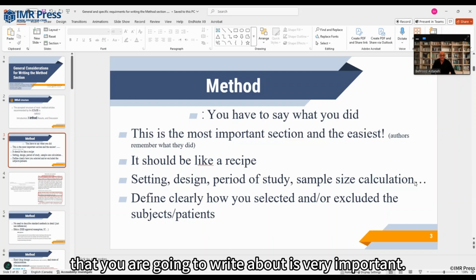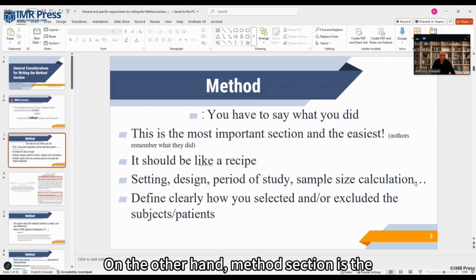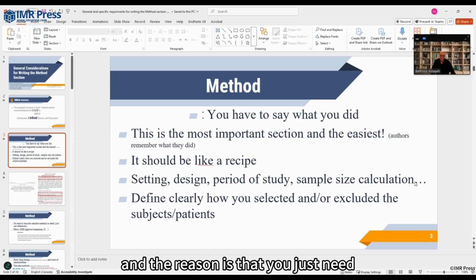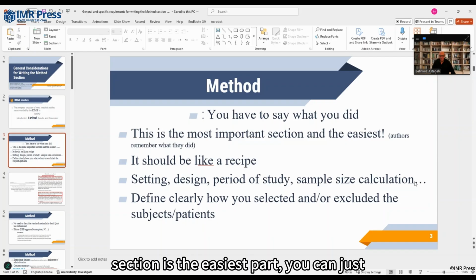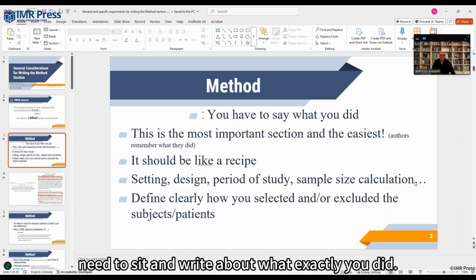On the other hand, the method section is the easiest part of your article to write about, and the reason is that you just need to remember what you exactly did. Unlike other sections of the article, you just need to sit and write about what exactly you did.